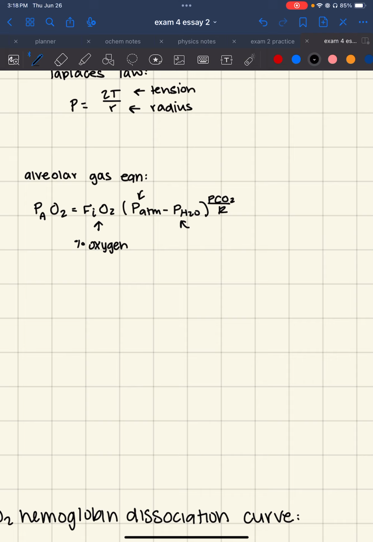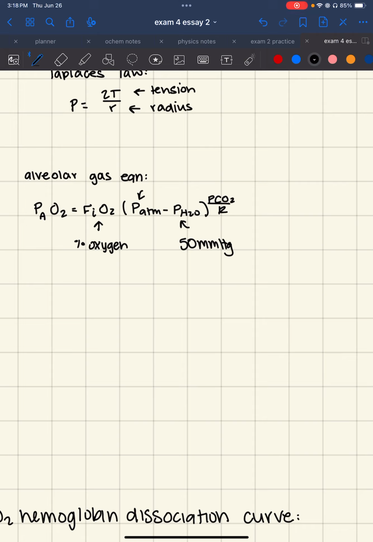It's a fairly consistent measurement across the board, right? It's about 50 millimeters of mercury. So we're going to subtract 50 millimeters of mercury from the pressure of the atmosphere, whatever that may be.